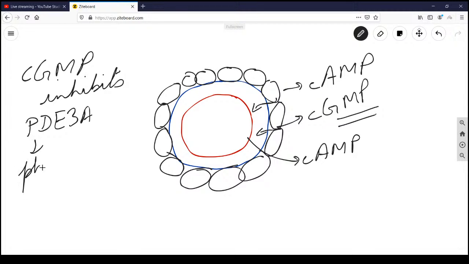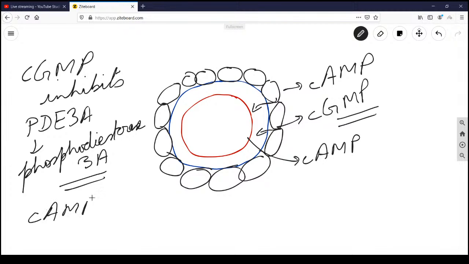PDE3A is nothing but phosphodiesterase 3A. What does PDE3A do? It converts the cyclic AMP to 5 prime AMP, meaning it will inactivate the cyclic AMP.